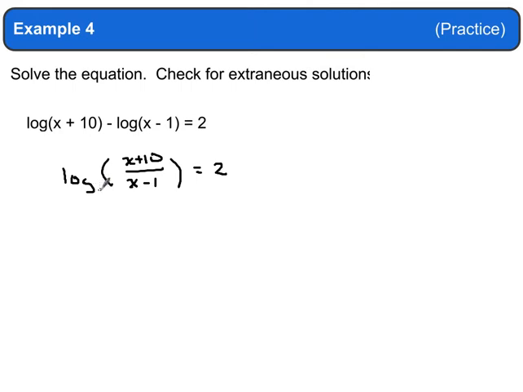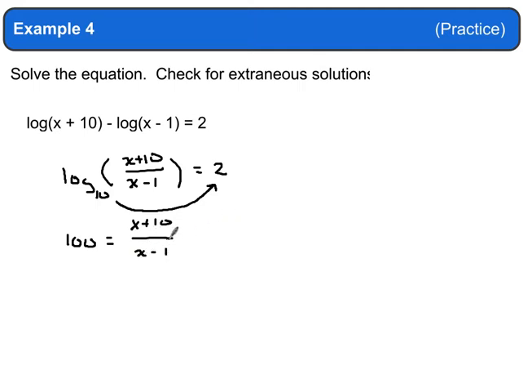My base here is a 10, so we're going to scoop this over. 10 squared is 100, so now you get 100 equals x plus 10 over x minus 1.